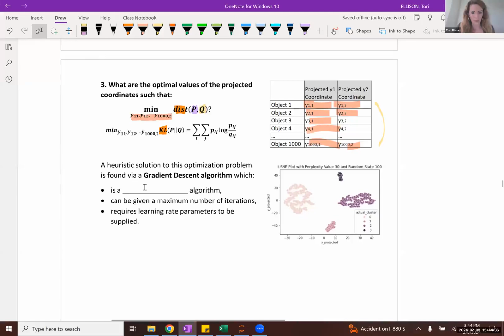So what we do, as with many optimization problems, is use a gradient descent algorithm. And usually in these gradient descent algorithms, like we saw with k-means, we start with a random initialization of what those decision variables should be in the beginning. Because of that, the TSNE algorithm is a non-deterministic algorithm.